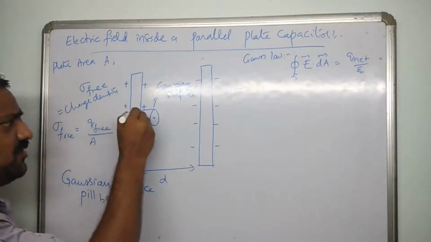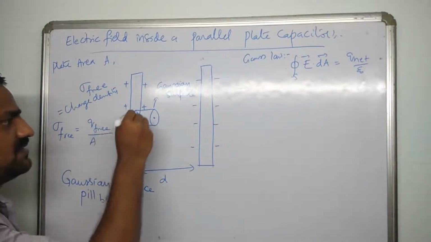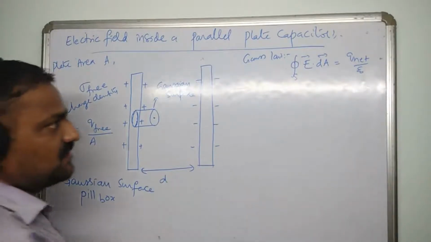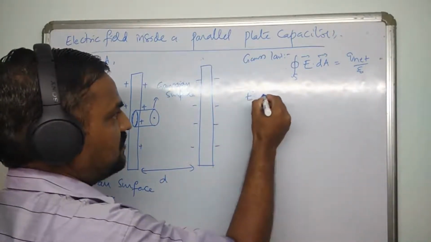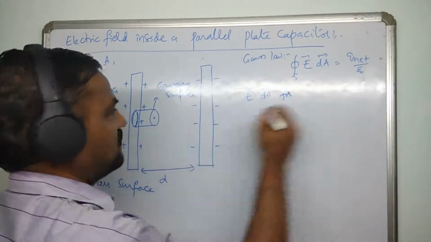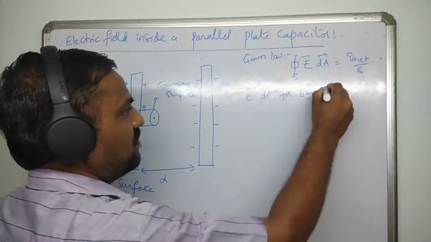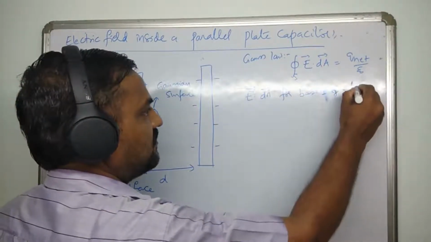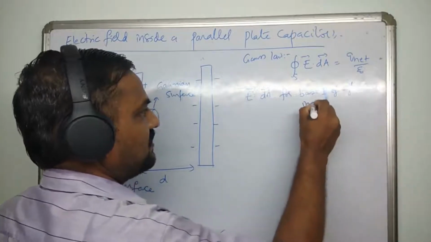Earlier in this video, I have pointed out that inside a metal, always the electric field is zero. And if you want to calculate this electric flux, it is nothing but E dot dA for bases. Let me call this base 1 of the cylinder, inside metal.